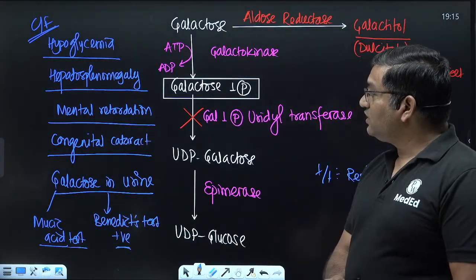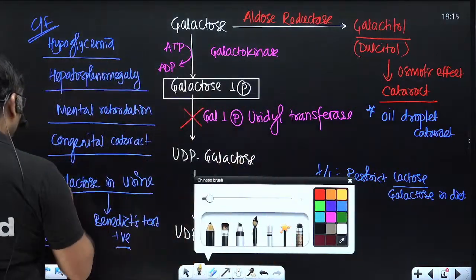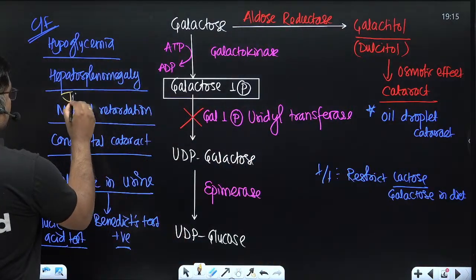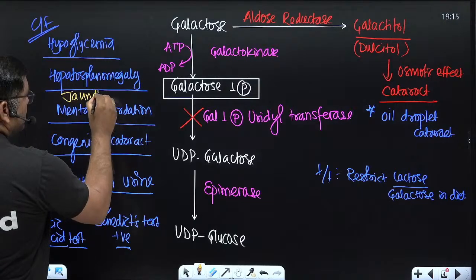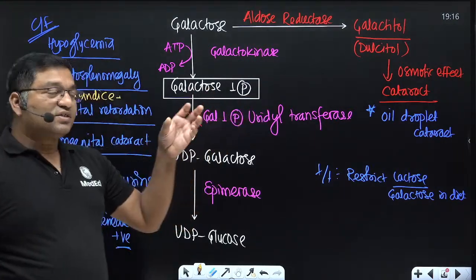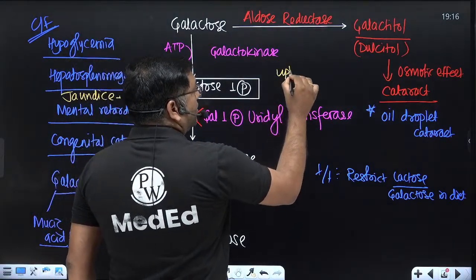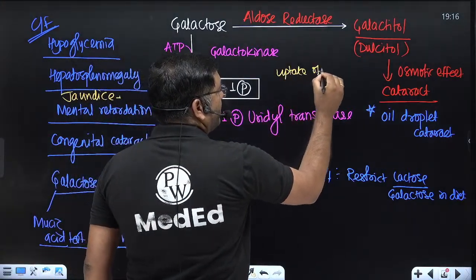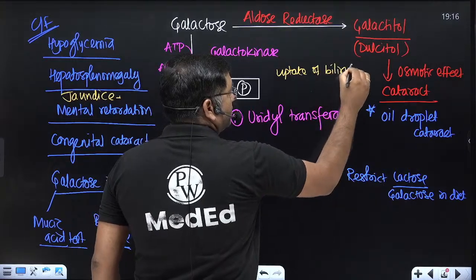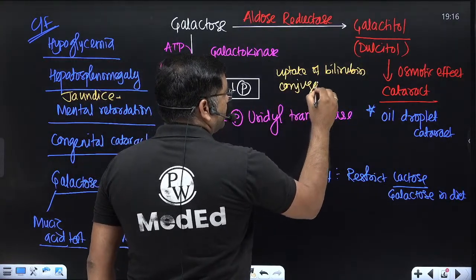Why is there jaundice? There is also jaundice. The reason for jaundice is that the galactose 1 phosphate which accumulates inhibits the uptake of bilirubin by the hepatocyte, and conjugation of bilirubin is affected.